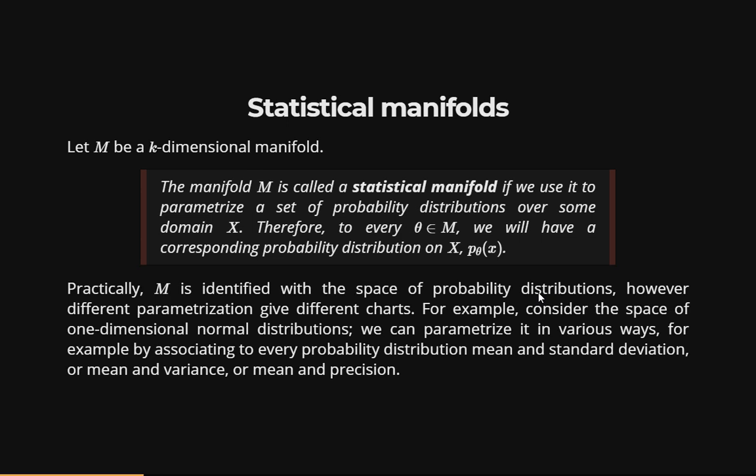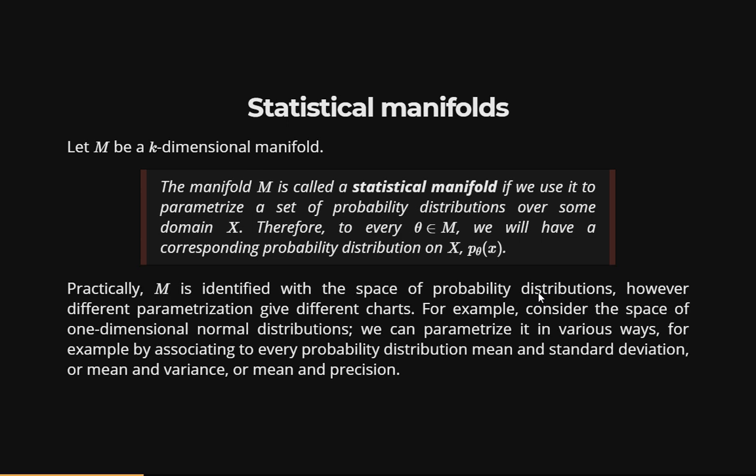Now, for example, you can take the space of one-dimensional normal Gaussian distributions. You can parameterize it in a lot of ways. You can associate every distribution to its mean and its variance, or its mean and its standard deviation, or its mean and its precision, which is just the inverse of the variance, standard deviation, one of them.